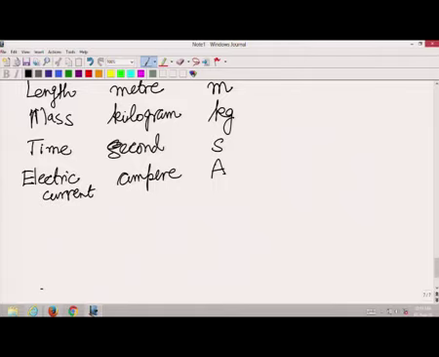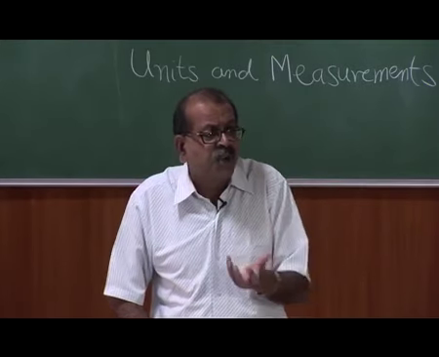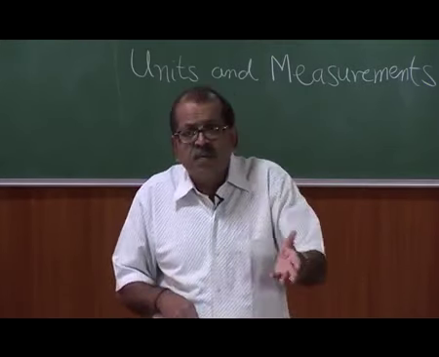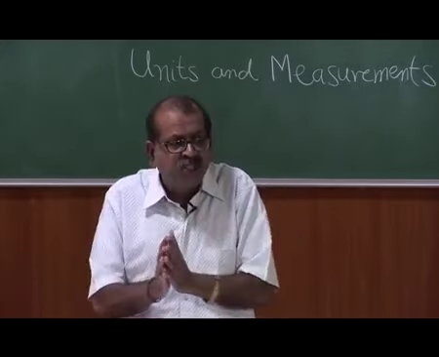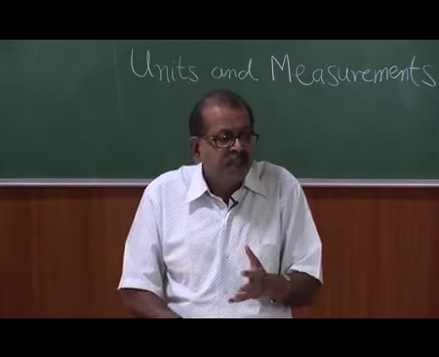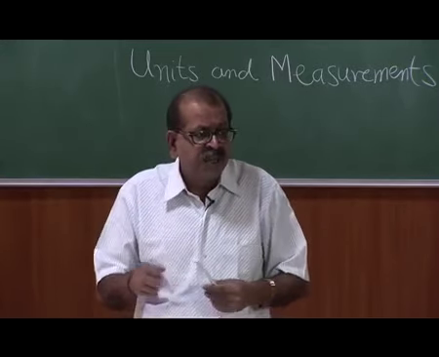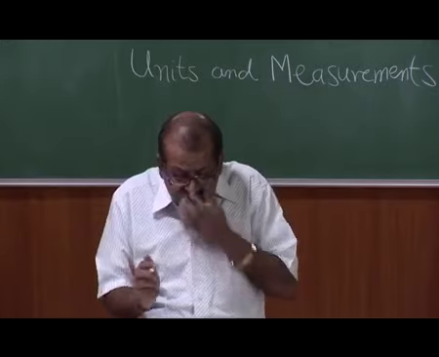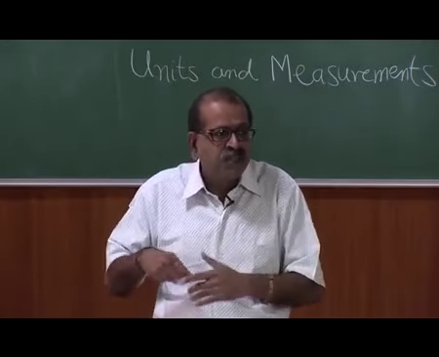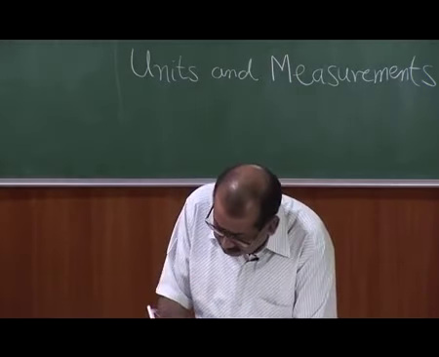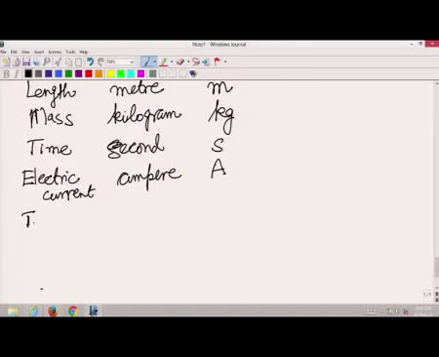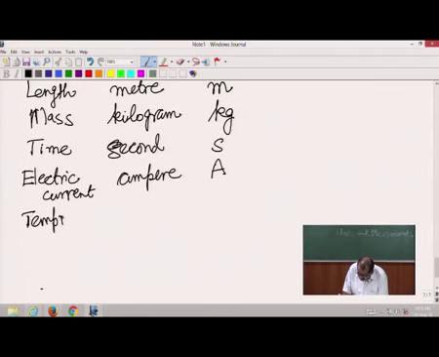Somebody else could have used charge as the basic unit instead of current, and then they would have used a quantity called coulomb. But when we define one set of units, the fundamental set for that system is fixed, and in the SI system for electric current we use ampere as one of the basic set of units.